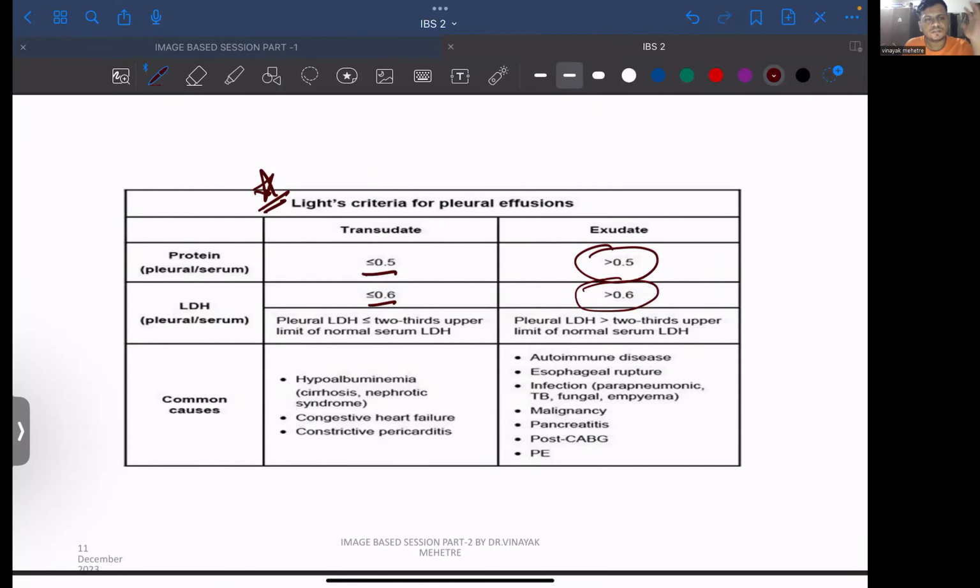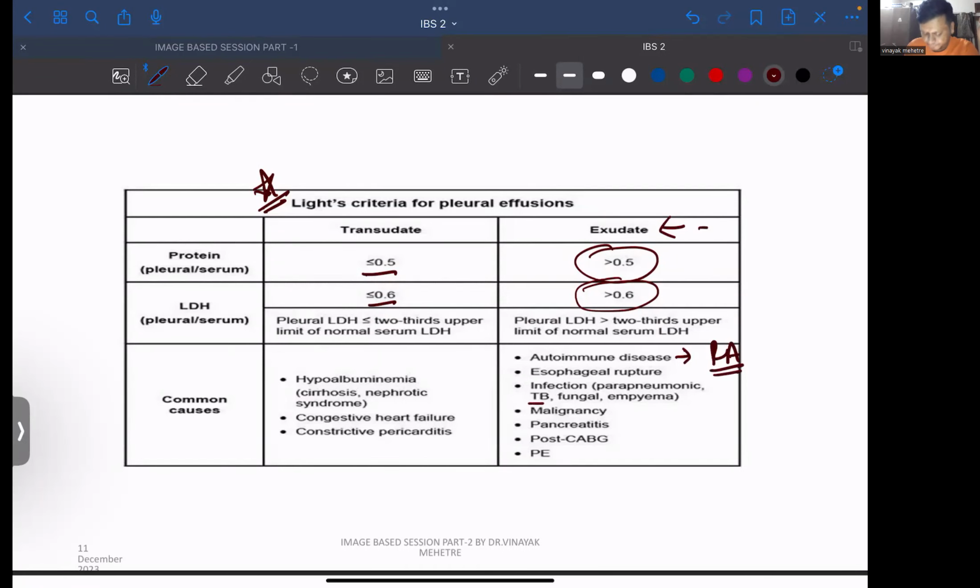And the most common cause of pleural effusion in India is TB. So which type is common in India? Exudative. So on what will the questions come? Most of the time on exudative pleural effusion. Last time's question was on an autoimmune disease: rheumatoid arthritis causes which kind of pleural effusion? The answer was exudative, seen in rheumatoid arthritis.